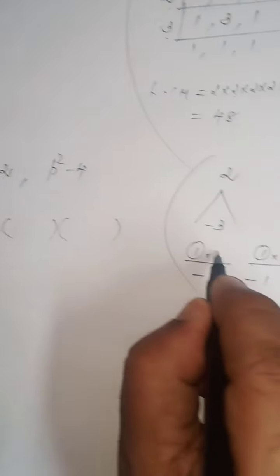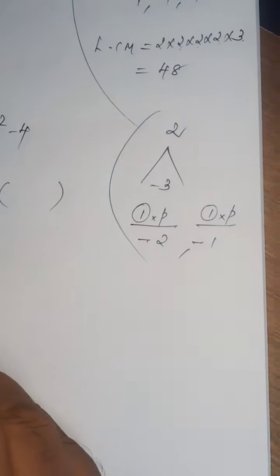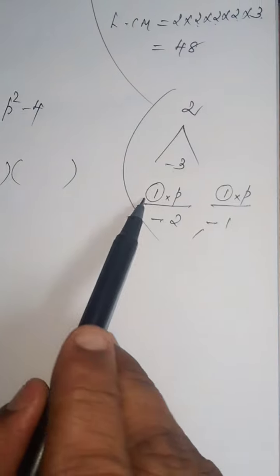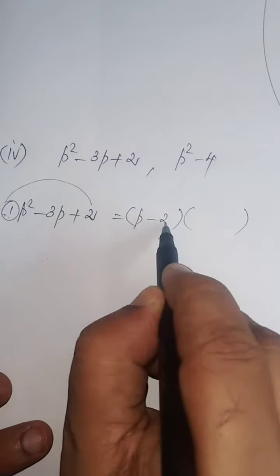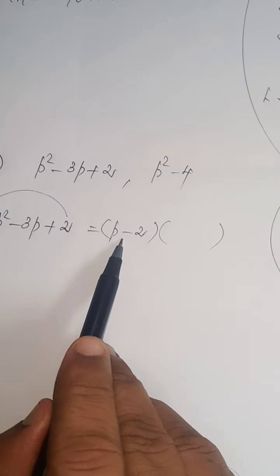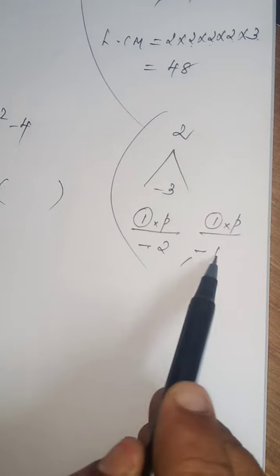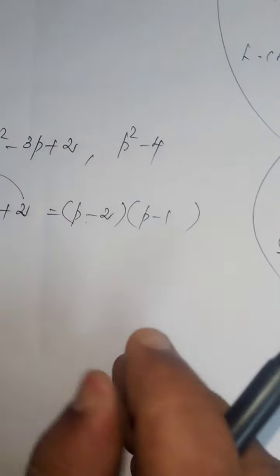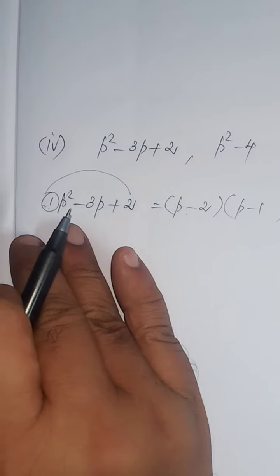So into p. Listen, how to write the factors: 1 into p minus 2, that is the first factor. Second factor, 1 into p minus 1. In this way, you have to factorize the quadratic polynomial.